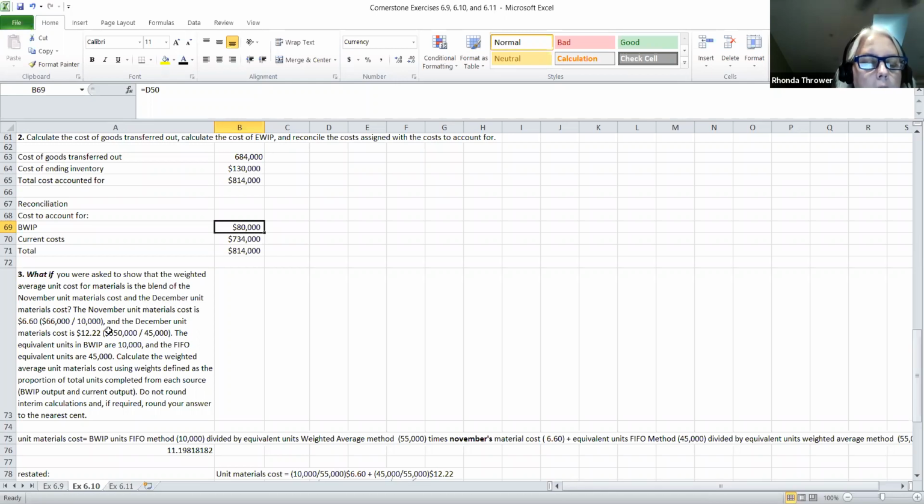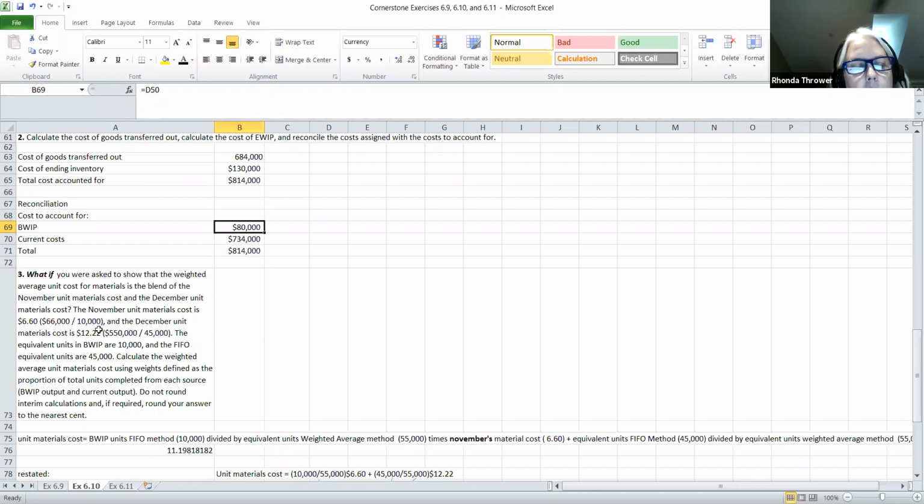And then they give you all this information, because before, they didn't give you anything except for what was going on with the weighted average method. Now, if you're doing a blend of last period's units with this period's units, then you're going to have to take into consideration what would have happened with FIFO, as well as what would have happened with the weighted average method.